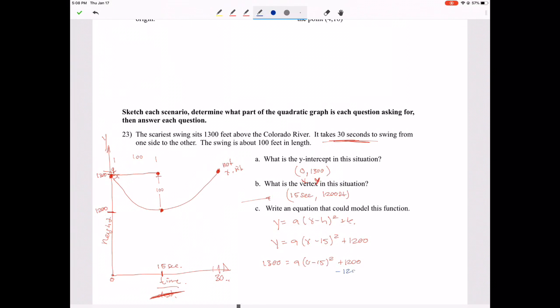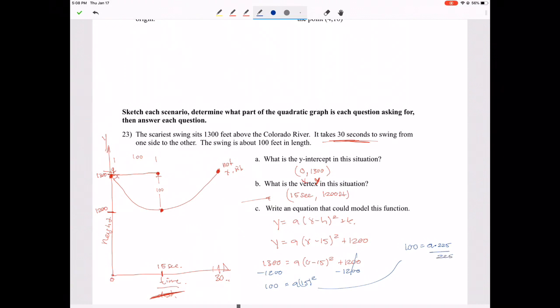So subtract 1,200. Sorry, I'm trying to go fast so the vacuum lady doesn't come. Okay, that gives us 100 equals a times 15 squared. Okay, 15 squared is 225. So 100 equals a times 225.